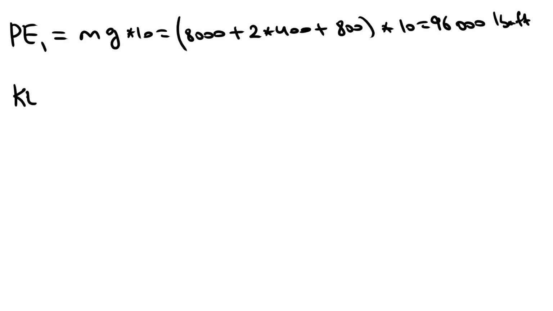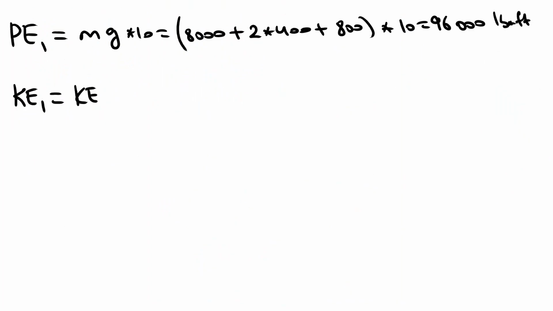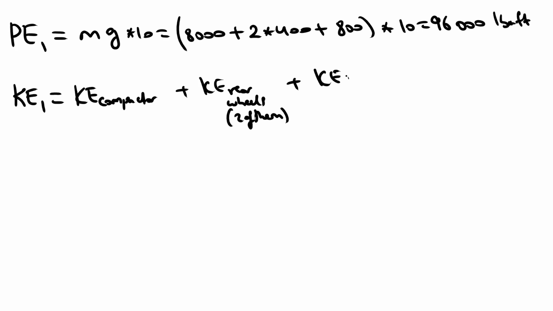Next comes the kinetic energy at 1. The kinetic energy at 1 will be, so let's first talk about the kinetic energy at 1. It will be kinetic energy of the compactor plus kinetic energy of rear wheels, so we have 2 of them, plus the kinetic energy of front wheels.